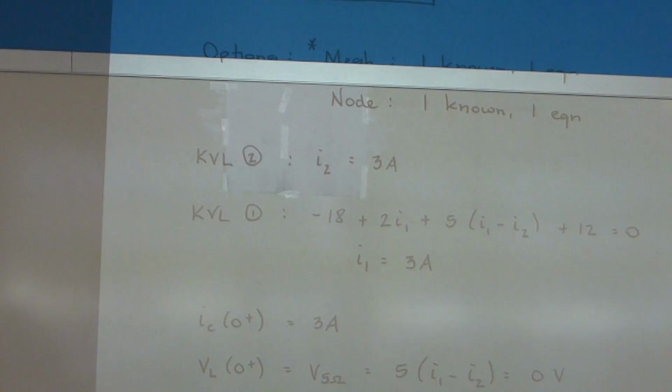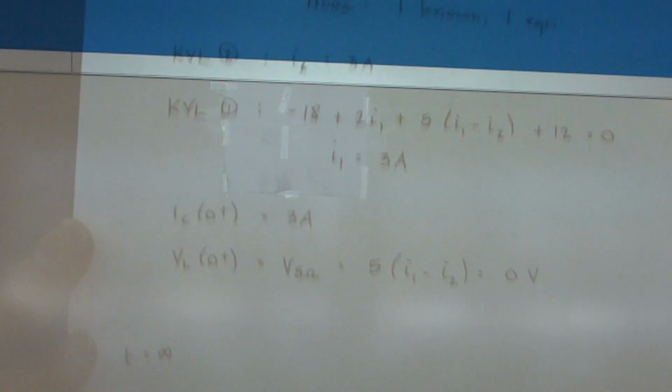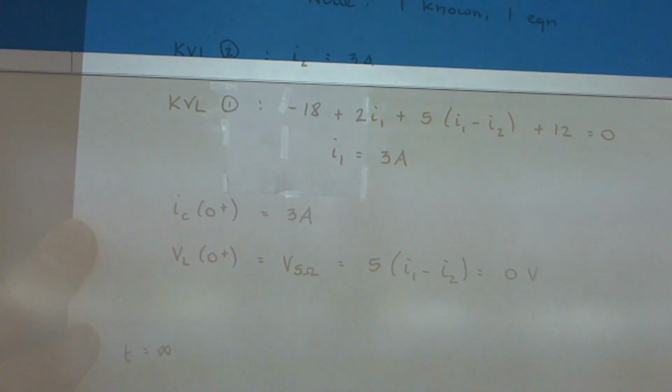Oh, except wait, I forgot. We also need what happens at t equals infinity. I'm going to redraw this one. Sometimes when we have R and L, it's a little bit easier to draw some extra circuits.